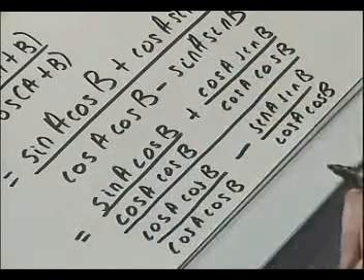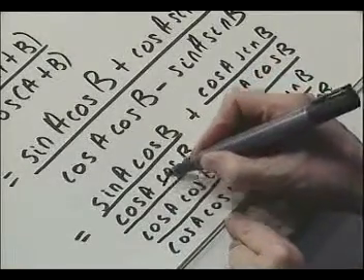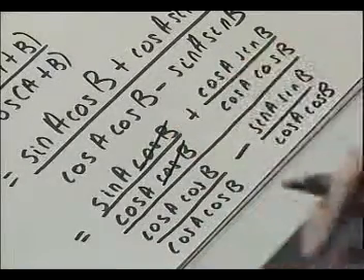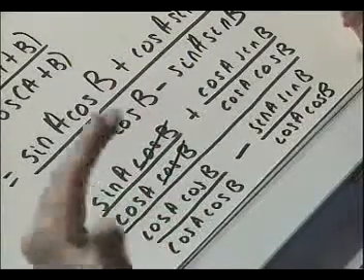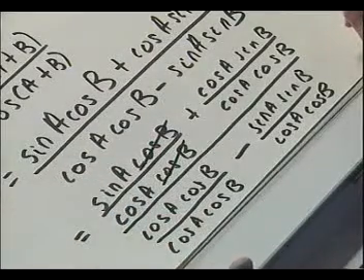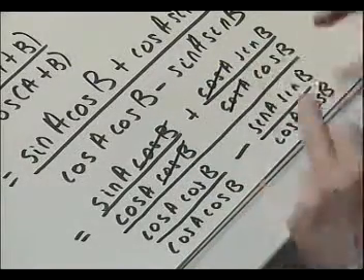Have a look at this. Well, there's a common factor on top and bottom here of cos B. I can cancel that out. Leaves me with sine A over cos A, tan A. Here, the cos A's go out.